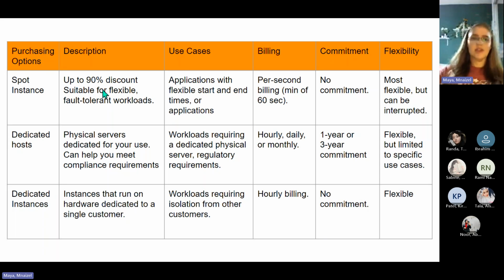Here you can see it's up to a 90% discount, suitable for flexible, fault-tolerant workloads. Spot instances are for workloads that can be interrupted, so please keep that in mind. Also, dedicated host and dedicated instance: the dedicated host has a 1 to 3 year commitment.